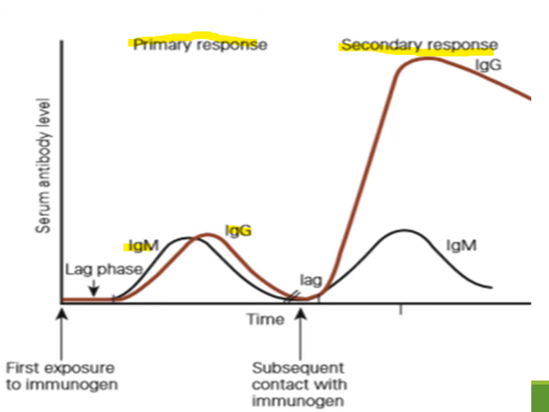That is why if you got infected with chickenpox in the past, there is no chance that you will be infected again with the virus. Why? Because your immune system already developed memory cells, due to your IgG.